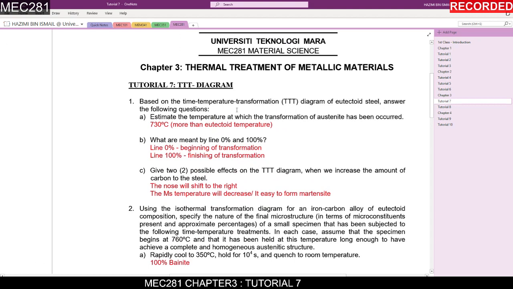The question asks you to estimate the temperature at which the transformation of austenite has occurred. So you have to estimate the value of the temperature based on the TTT diagram. The answer of question 1A here is 730 degrees C.